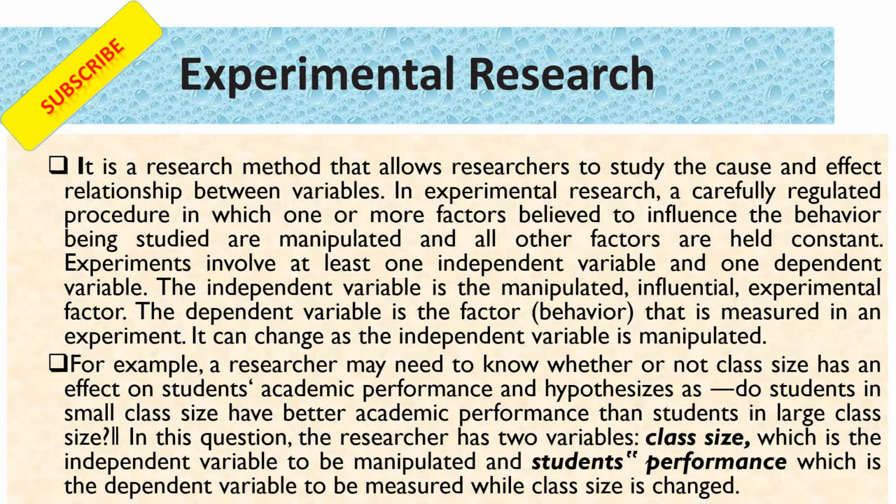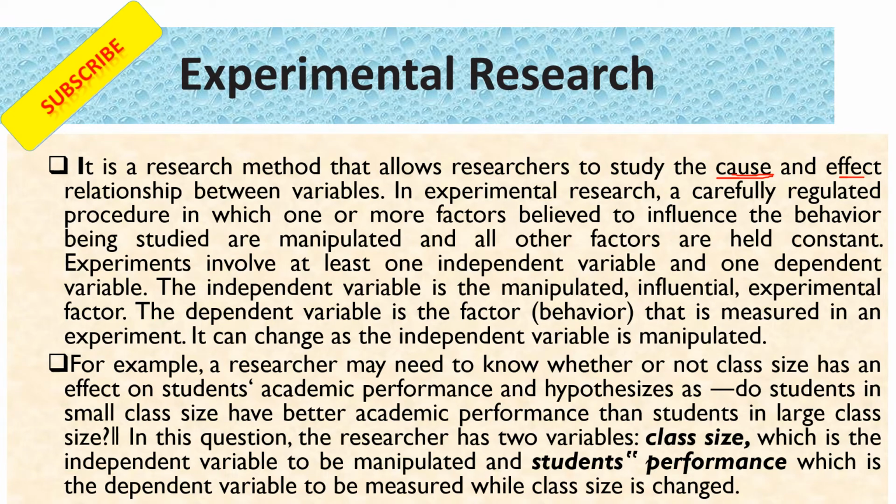So the next research methodology is experimental research, and it is a research methodology that allows researchers to study the cause and effect of the relationship between variables. And in experimental research, a carefully regulated procedure is used in which one or more factors believed to influence the behavior are studied and manipulated, and all other factors are held constant.